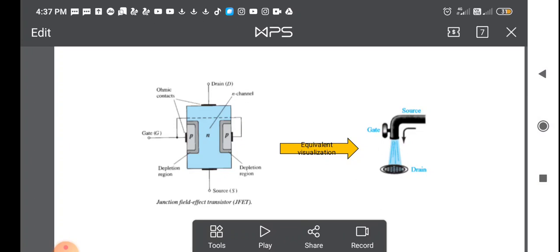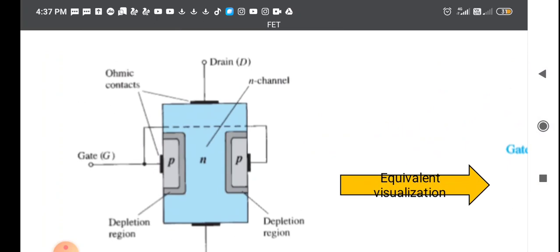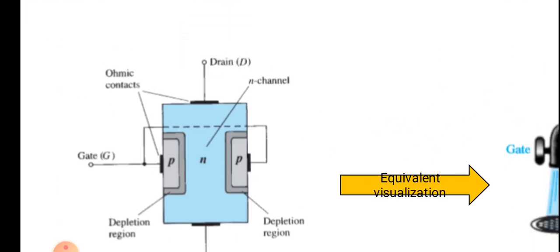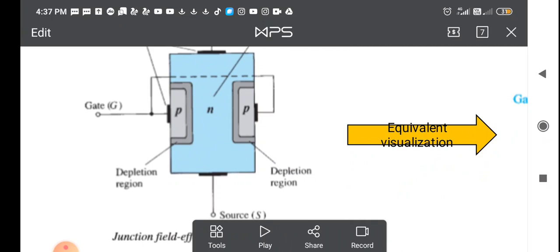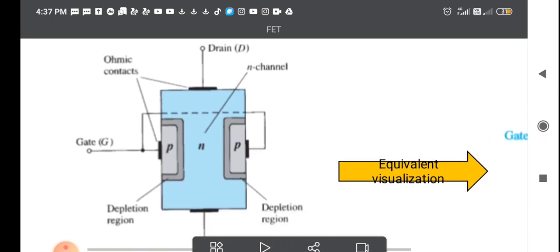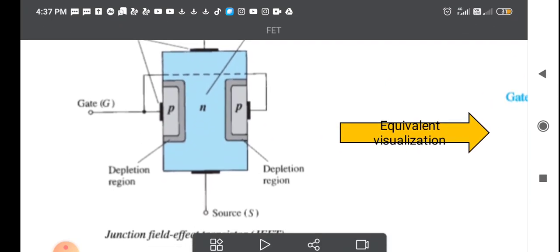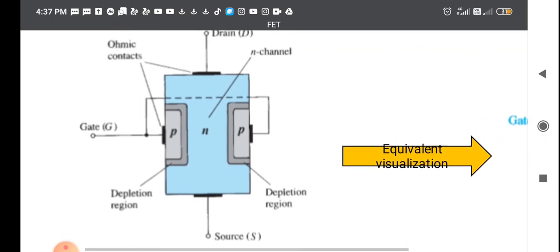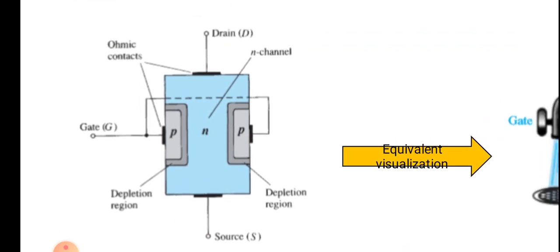Now this channel, you can see, is connected with two leads, one on the upper side and the other on the lower side. The upper one is called the drain, and the lower one is called the source. These two P regions are short circuited and a common terminal is created, called the gate.